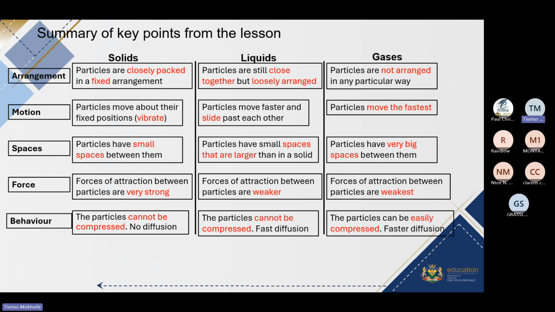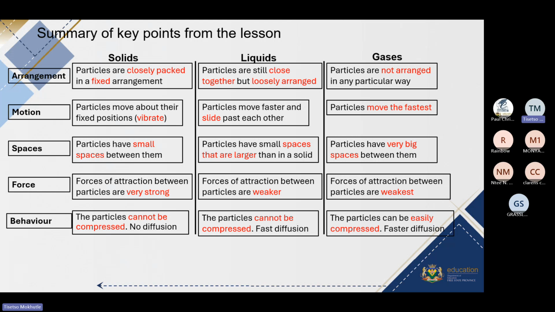I also spoke about how fast the particles move, and we said they move the fastest in gases and the slowest in solids, because of the forces that are stronger here and the weakest there. And we said the spaces are smallest here, largest there, average there. The force is the most here, and then becomes weaker and weaker.